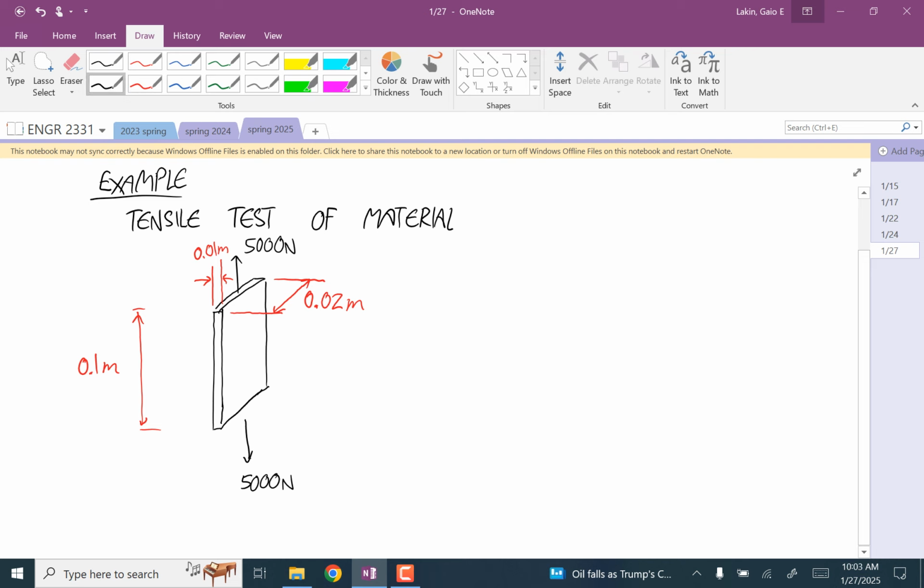And when we apply this 5,000 Newton tension, so the loaded dimensions, I'll call it length, width, thickness. The length is 0.10003.